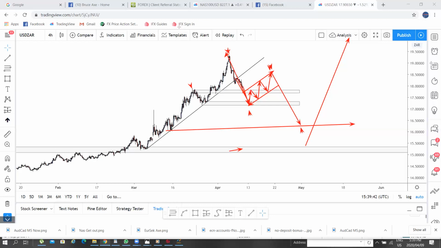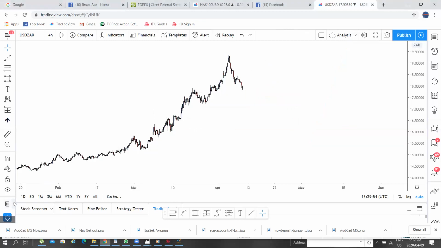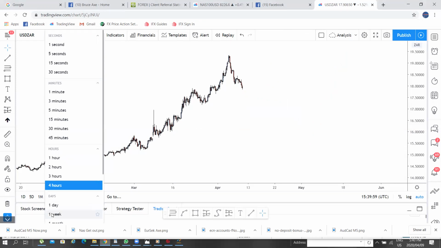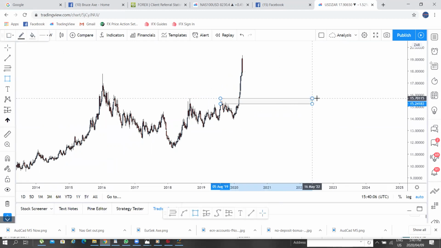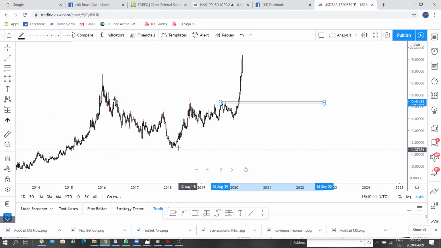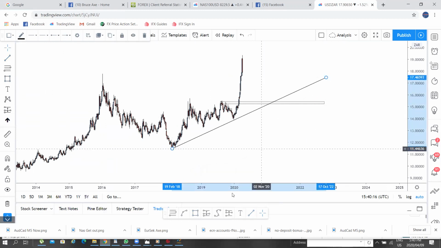Remember, if we go to weekly again, this is the level here, and this level combined with this trend line here. So we might be expecting price to pull back to it.